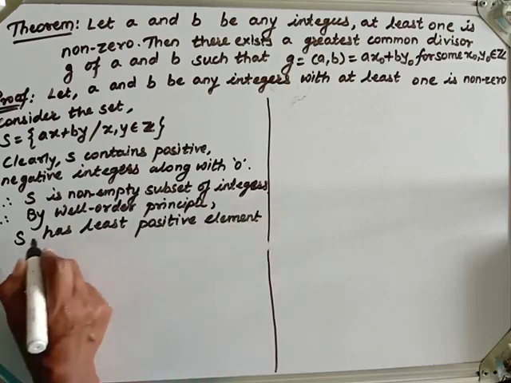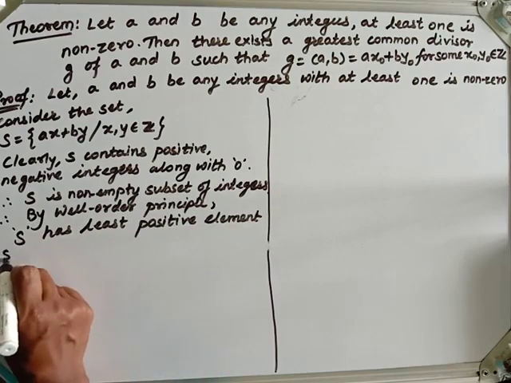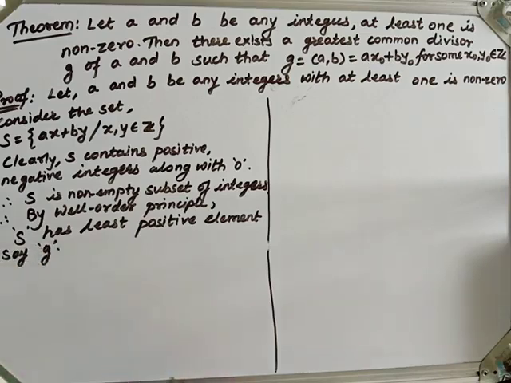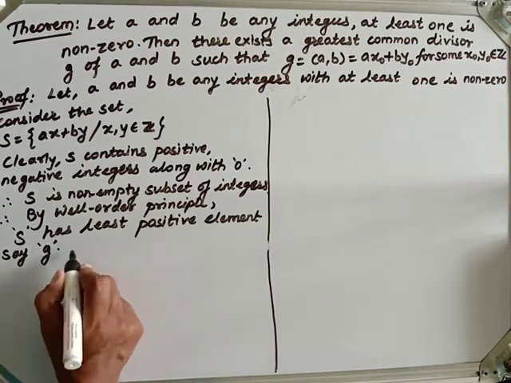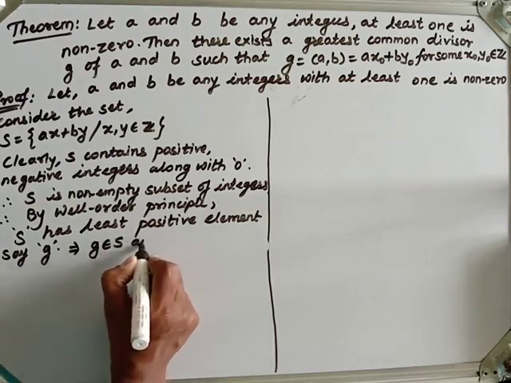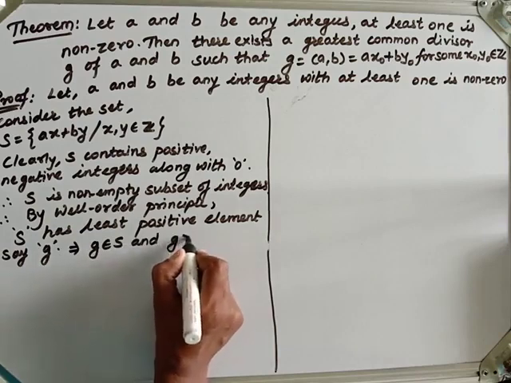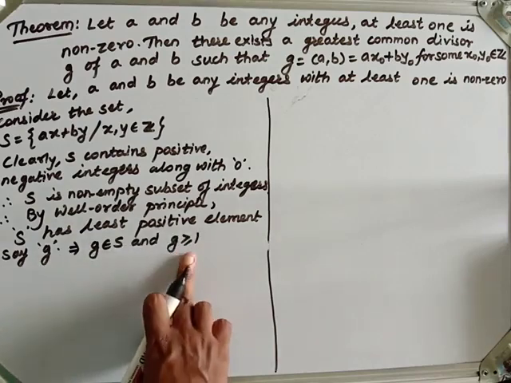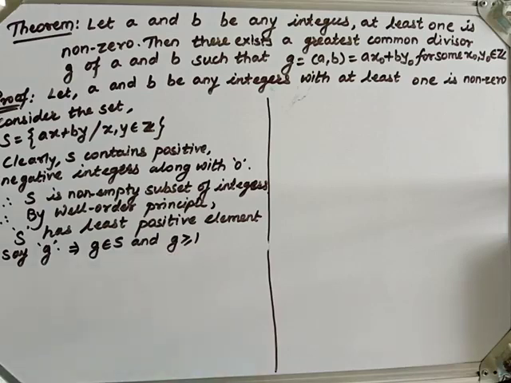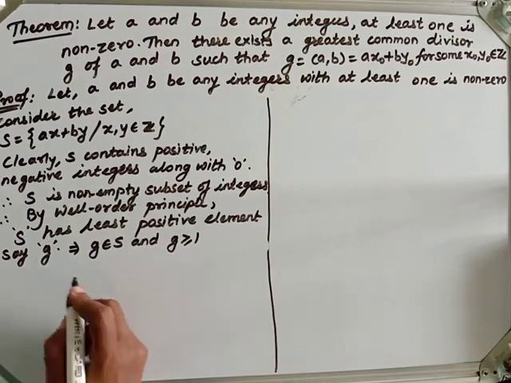Now let me call that element G. The least positive element is nothing but G. So G belongs to S and G is greater than or equal to 1. As it is a GCD, it is always a positive number, so it will be either 1 or greater than 1.